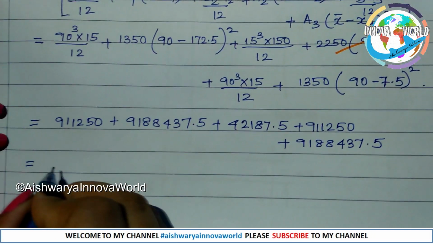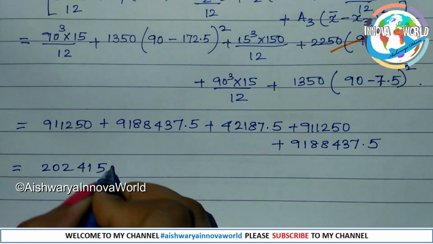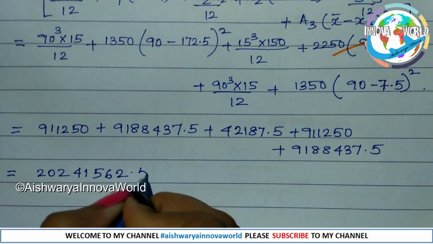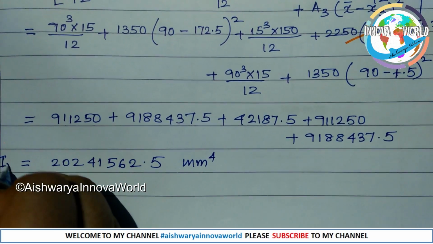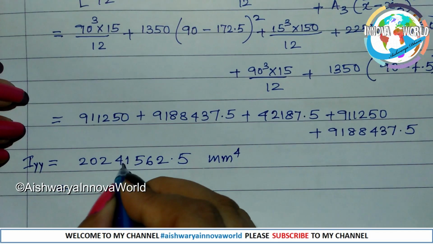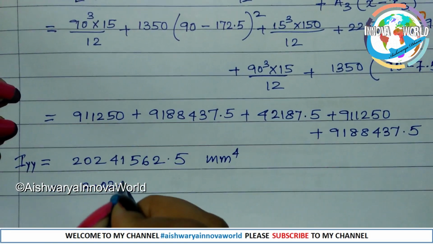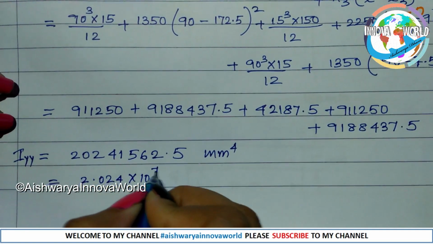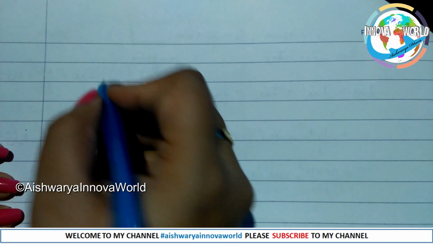You get around 2024156.25 mm power 4. That is the Iyy value. So you can write it to 3 decimal places as 2.024 into 10 power 7 mm power 4.